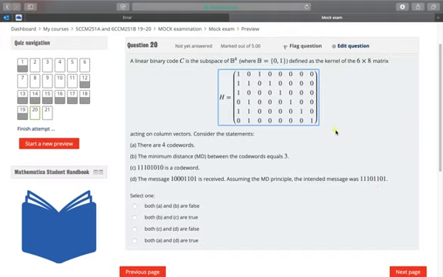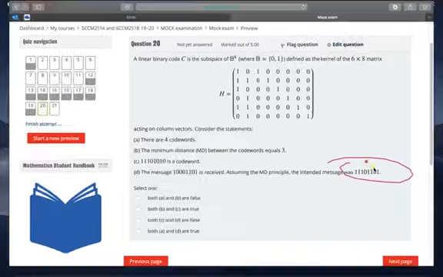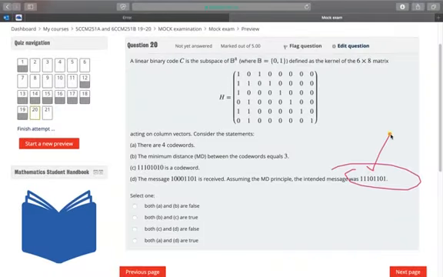Well, I shouldn't have erased what I did, but you can check that the last code word which we wrote down was indeed this one. This was a code word. This was the sum of the two columns that I got by adding the identity matrix here. So this is a code word. Now, is it the correction of this thing here? Well, if we look at this message, how many errors have we corrected here?